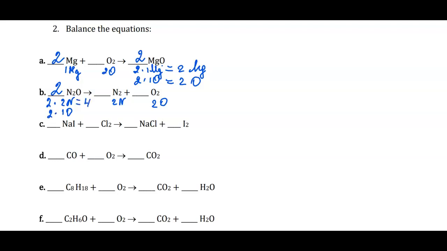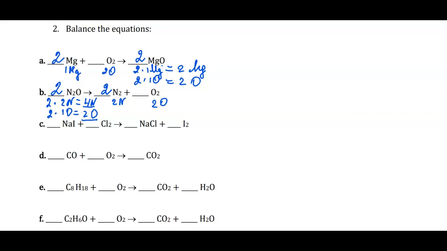So 4 nitrogen and 2 oxygen, right? So we're good with oxygen, but we're not good with nitrogen. It's only 2 here. So we need to put 2 in front of nitrogen, okay? And recount atoms. Don't forget to recount atoms.